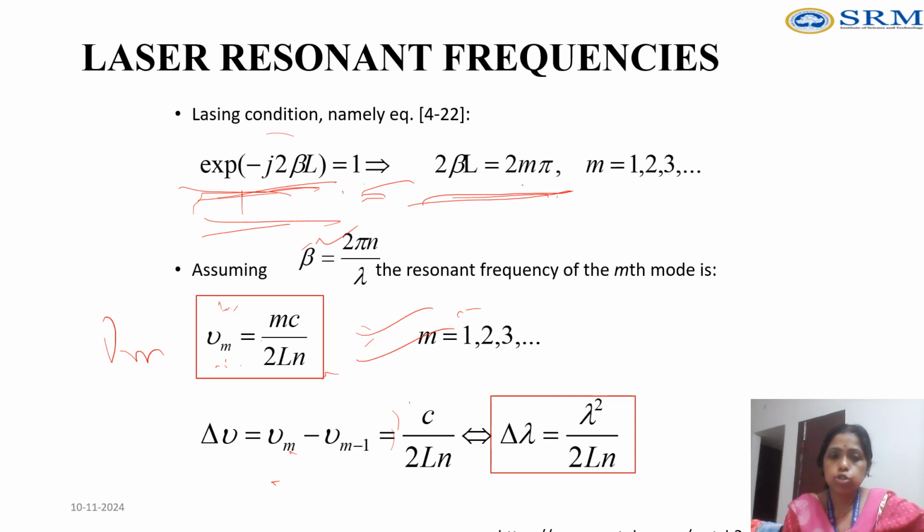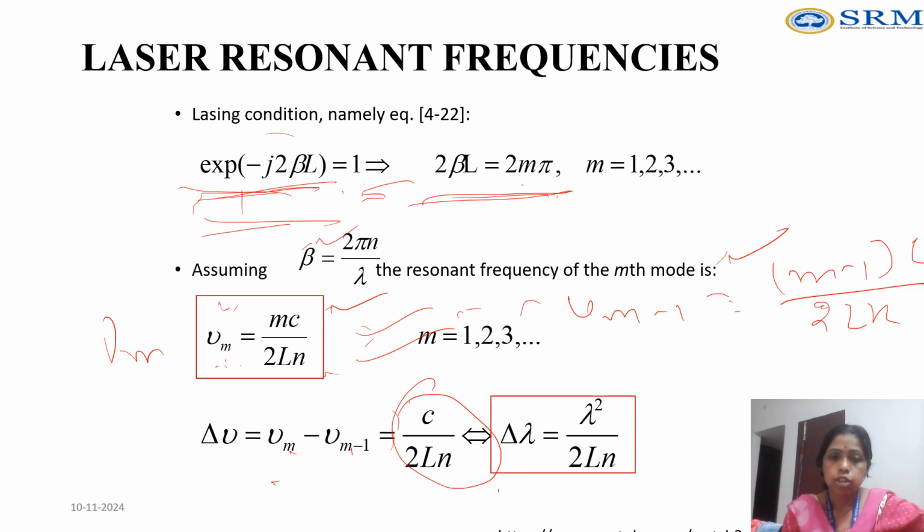If you substitute this one and this one, the mth order mode minus the m minus 1 order mode, you will get c by 2L. So delta lambda. Normally, if you see the graph, I'll tell in the next slide. The graph is like that. For different wavelengths, you will get some gain.